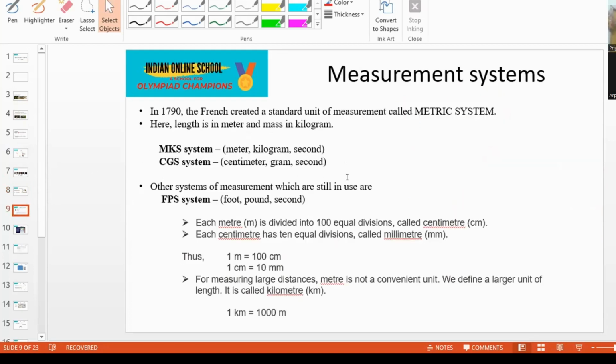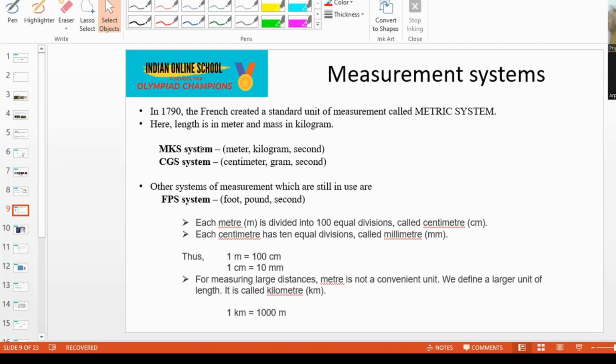Coming to the measurement system. In 1970, the standard unit of measurement was called the metric system. What are the standard units of measurement? Let's see. It's the MKS system and the CGS system.